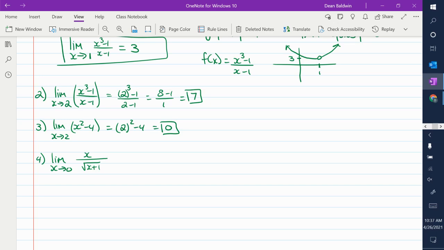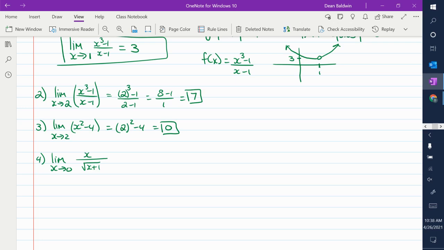So what's the first thing you ask yourself? Is it undefined at 0? What makes it undefined? -1, right? If I put a -1 in there, I get 0 in the denominator, and then it all blows up. But if I put 0 in, what do I get? I get √1, right?